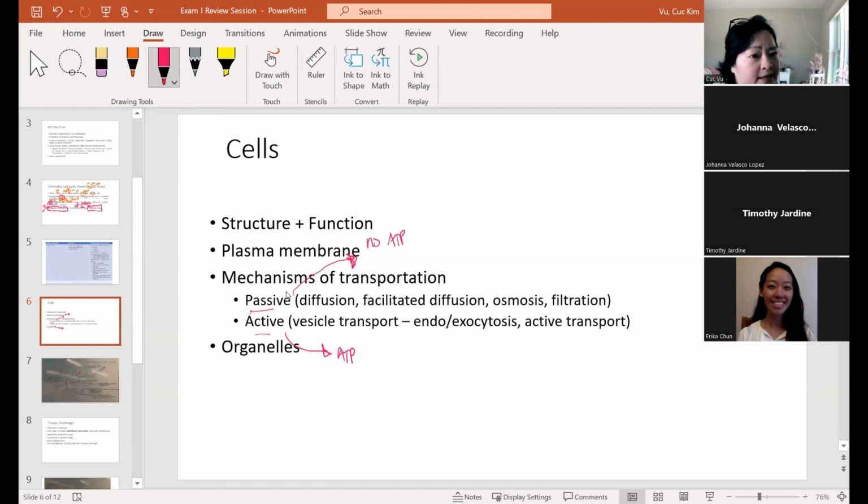They can both use proteins actually. Okay. Yeah. So passive has facilitated diffusion, which uses the membrane proteins, and active also has active transport, which also uses membrane proteins. So what's the difference then?